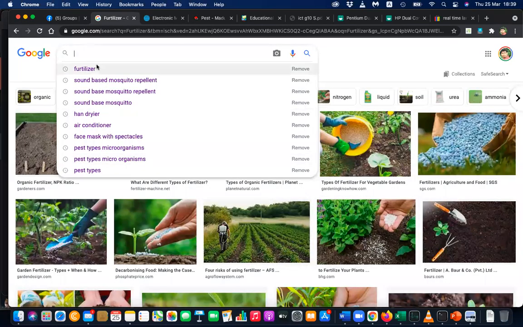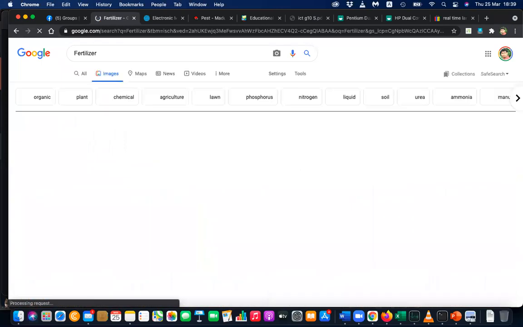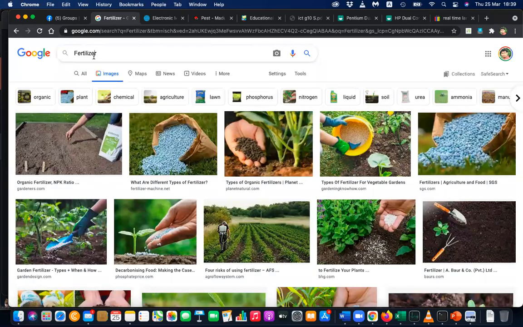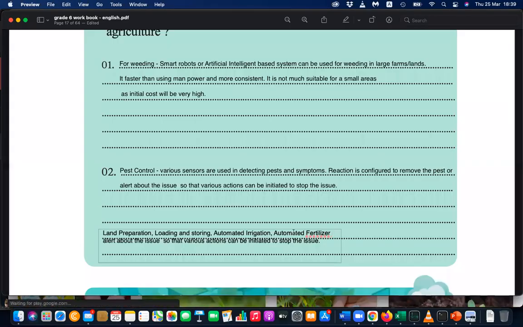What's wrong with that? It's correct. Automatic fertilizers, and not just that.